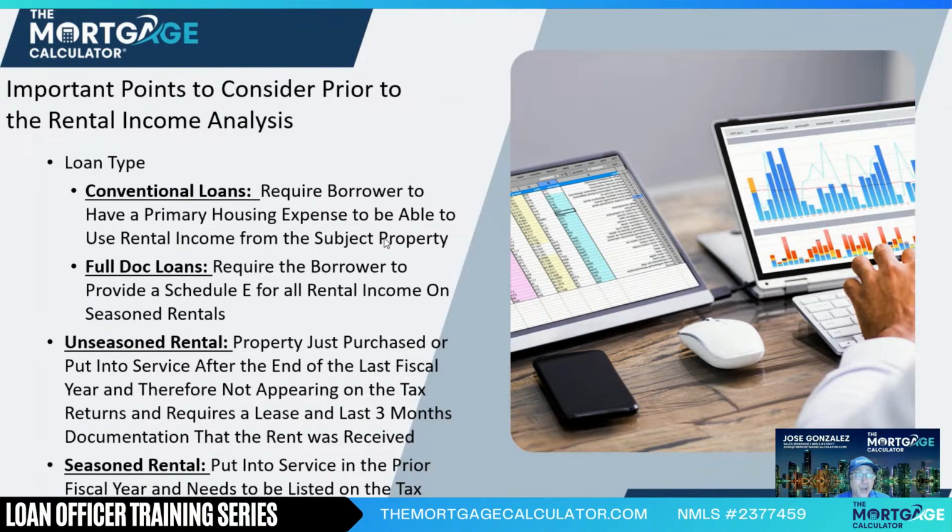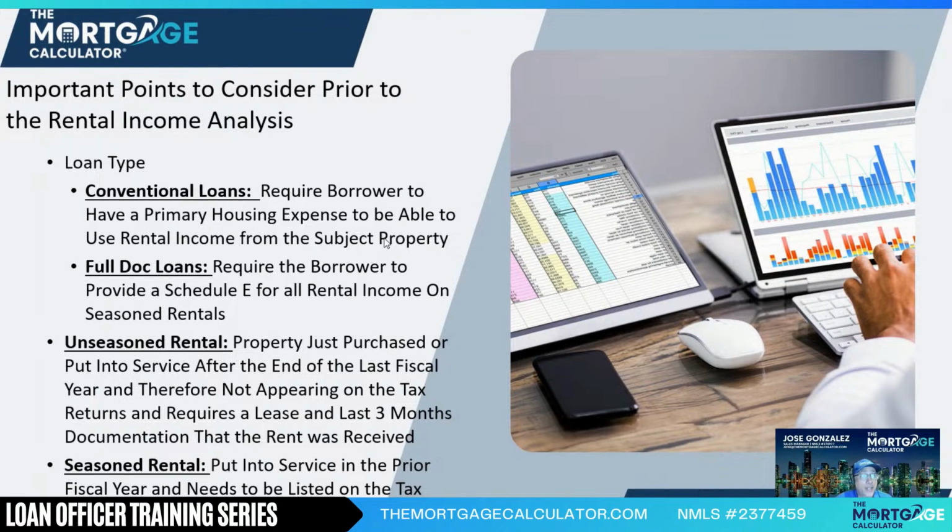That's a real odd little guideline, but if you go to the Fannie Mae selling guide, you will see it. You start reading, and it's going to tell you that in order to use rental income to help qualify from the subject property, the borrower also has to have a primary housing expense.